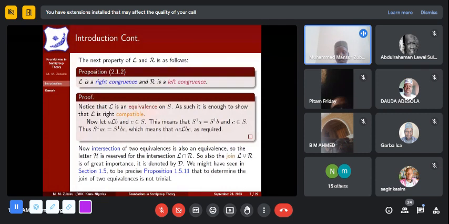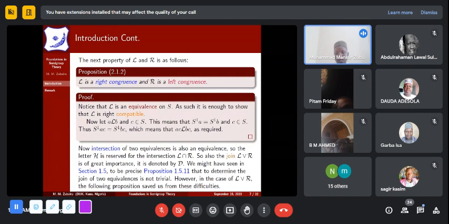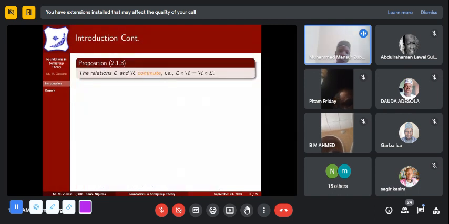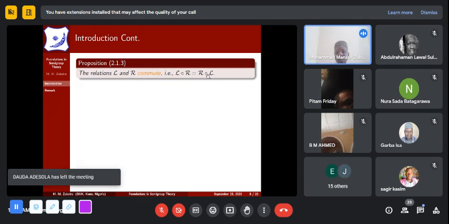So it is really not trivial, but in the case of L and R, this difficulty is saved by the following proposition, proposition 2.1.3, that the relations L and R commute, i.e., L composition R is the same thing as R composition L.